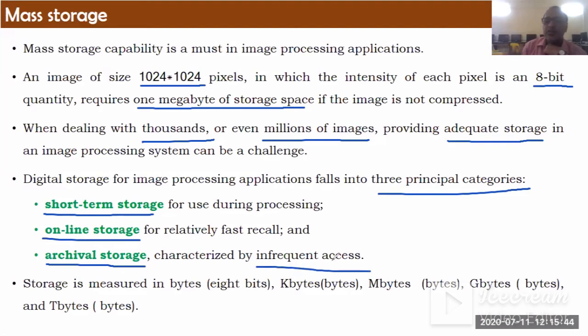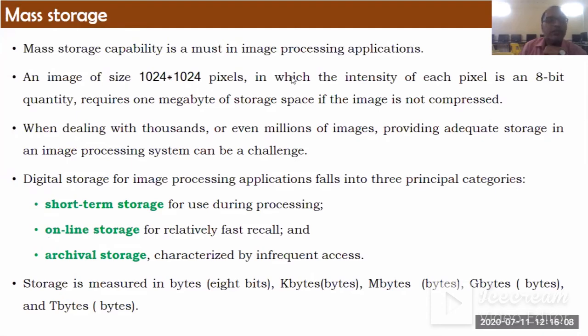Suppose we do some operation, and after 2-4 days or a year or whatever, we access that image. So that will be our archival storage. We know that storage is measured in bytes, kilobytes, megabytes, gigabytes, terabytes. All these are different units for measuring storage.